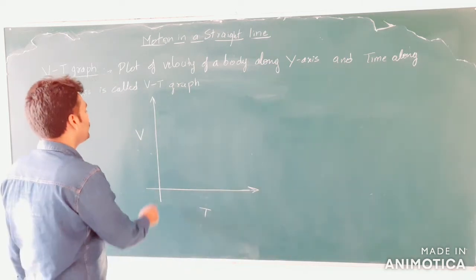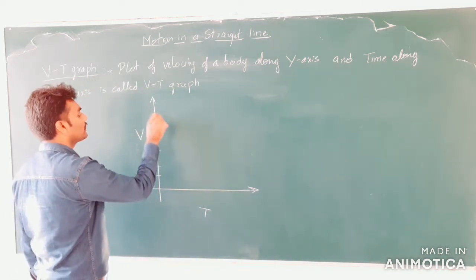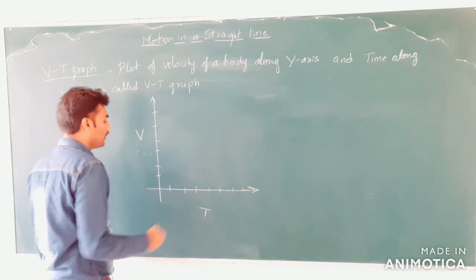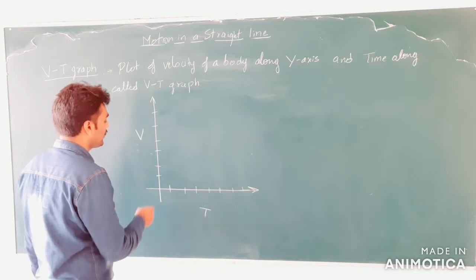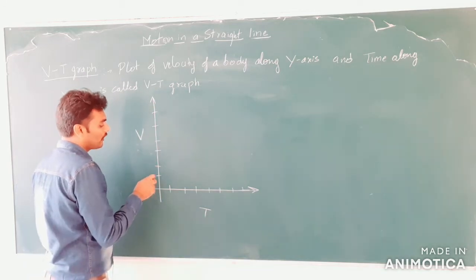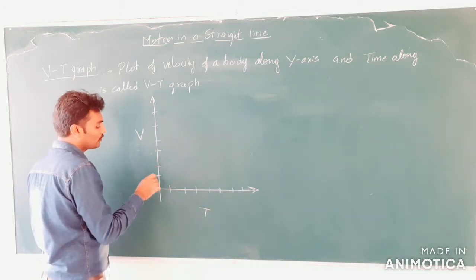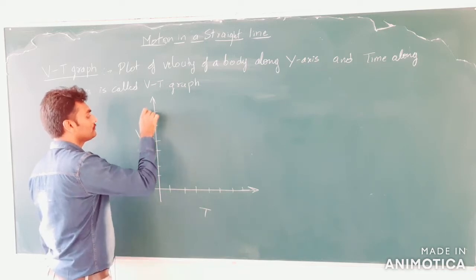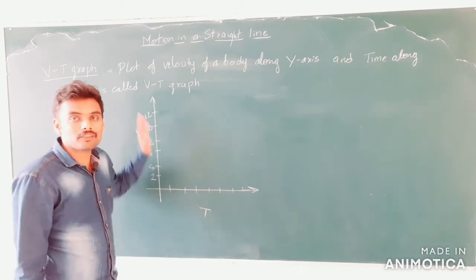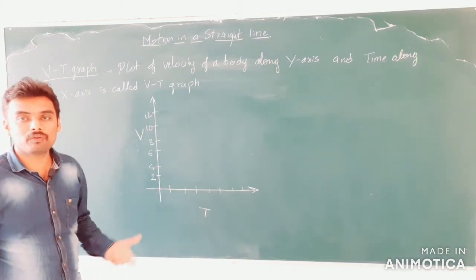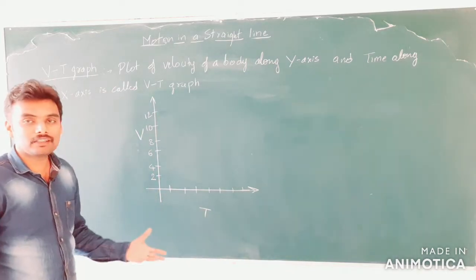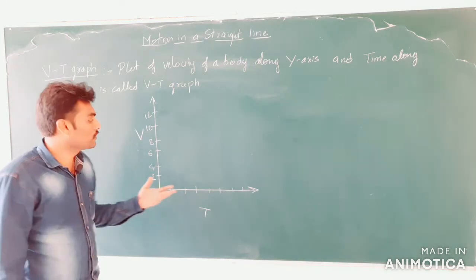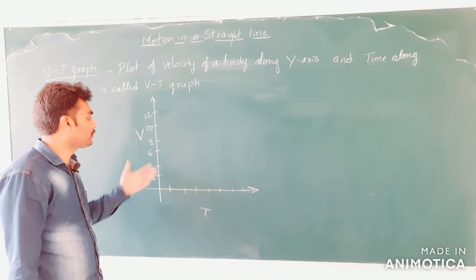Now let me take a few values and try to understand how a VT graph looks. Let me take the velocity along the y-axis as 2, 4, 6, 8, 10, 12. This velocity is just an example. It can be anything, like 20, 30, 40, 50, 60, and so on, or 1, 2, 3, 4.